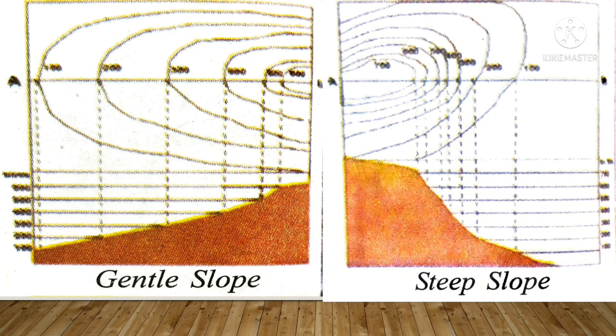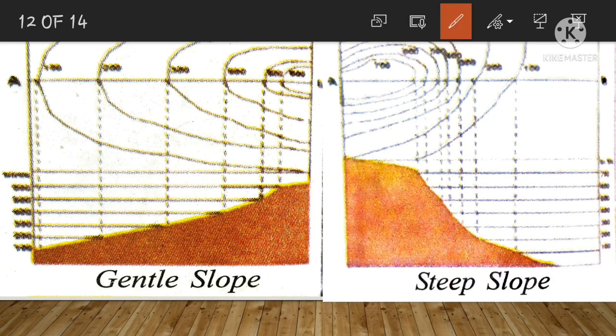Here, the first picture is showing the gentle slope. Here, if you observe, the lines drawn are contour lines.